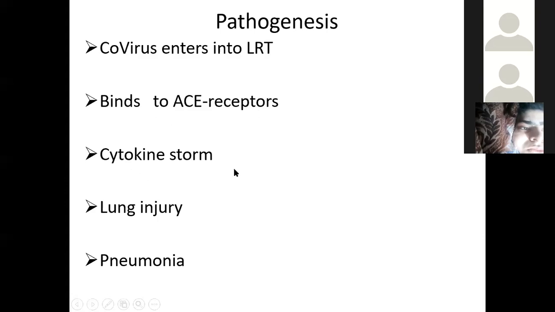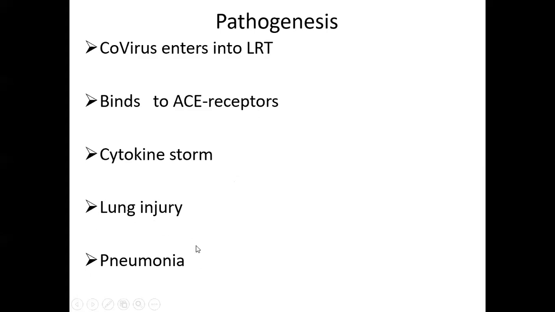So the cytokine storm is produced, and this leads to lung injury, and this lung injury is the viral pneumonia. So this is the pathogenesis, how the coronavirus 2 enters into the alveoli, and then how it causes the viral pneumonia.